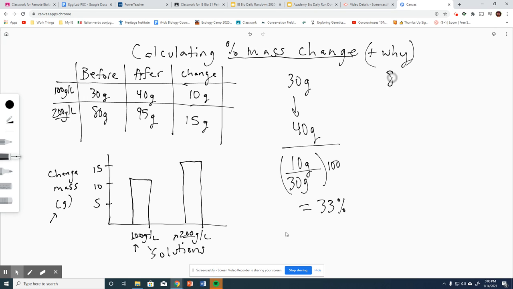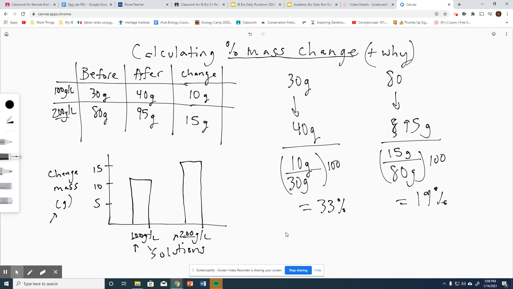And so if we go from 80 grams to 95 grams, that is going to be this math right here. So we have a 15 gram change be the difference, and then we're going to put 80 grams here, and we multiply this all by 100, and that is going to be around 19%.